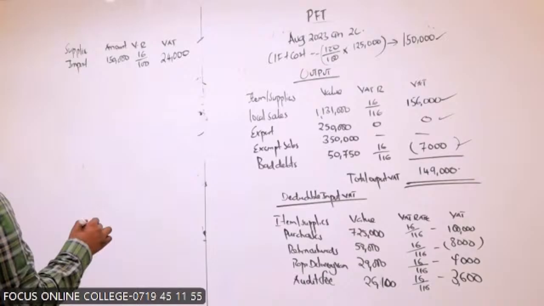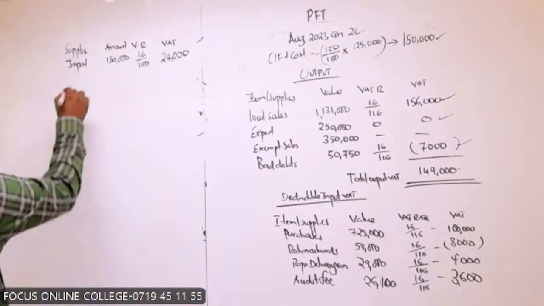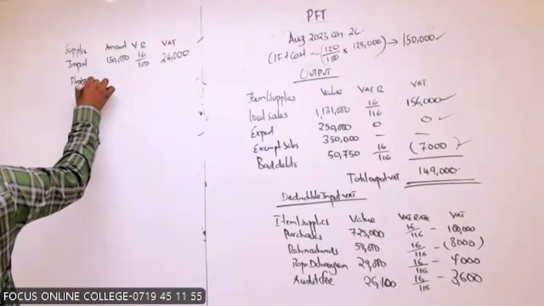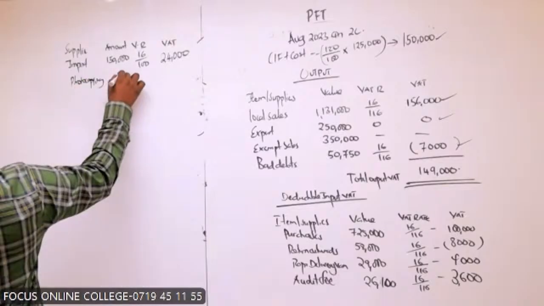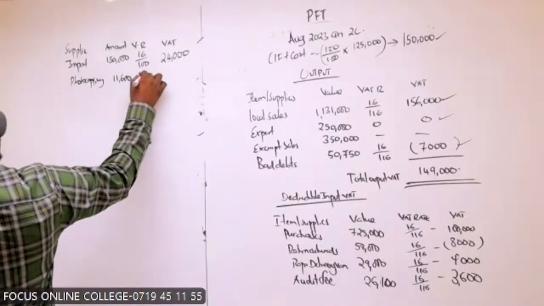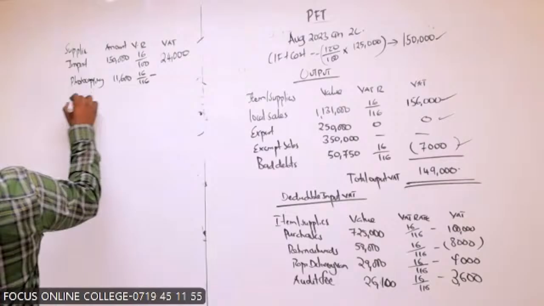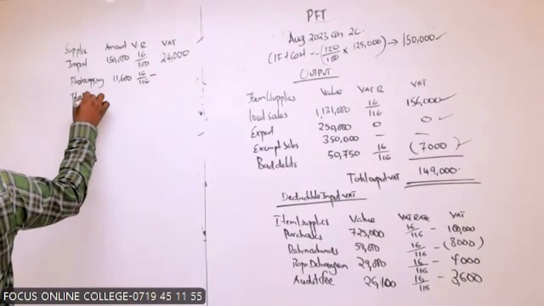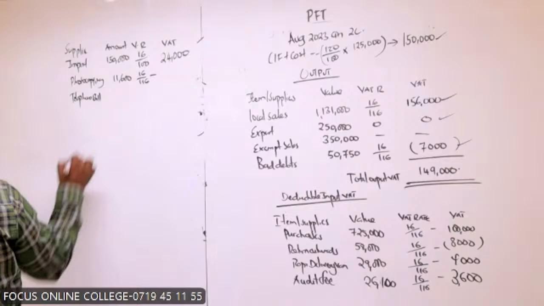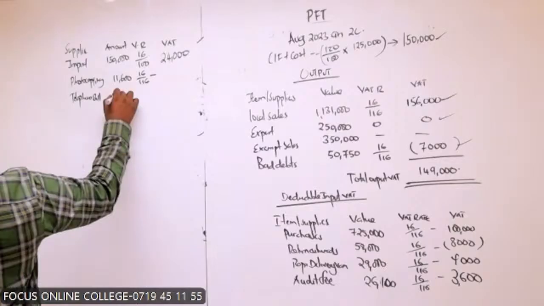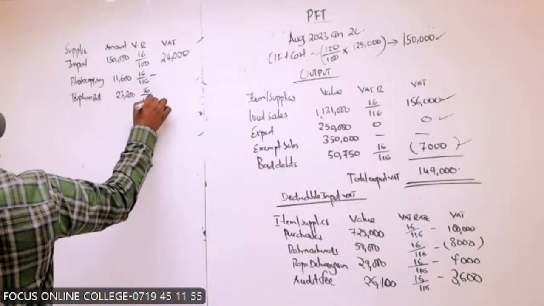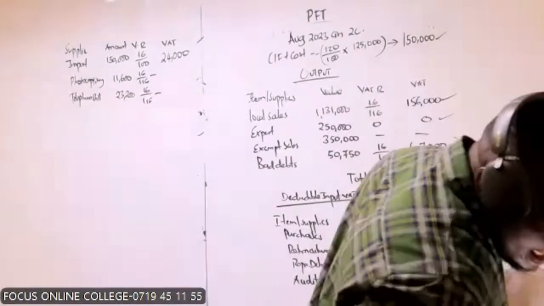So then we have photocopying. So 600 times 16 over 116. Get for me that. Then we have telephone bill. So get for me those two. Telephone bill, get for me photocopy.